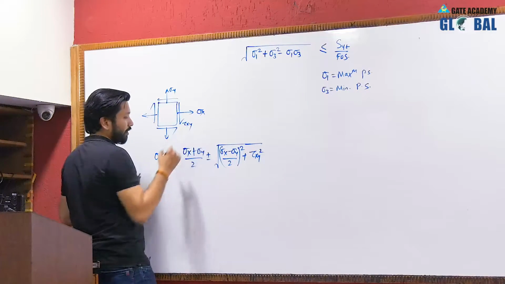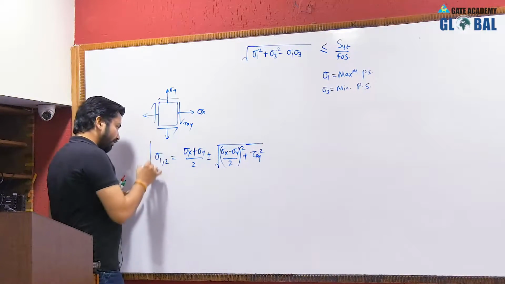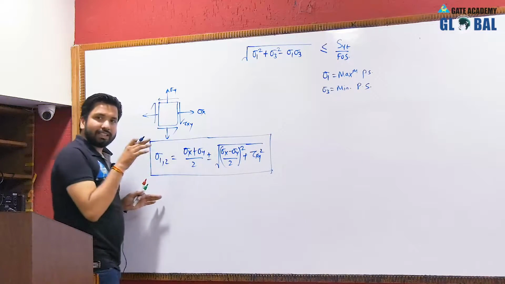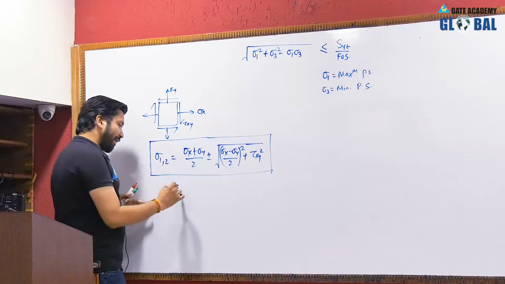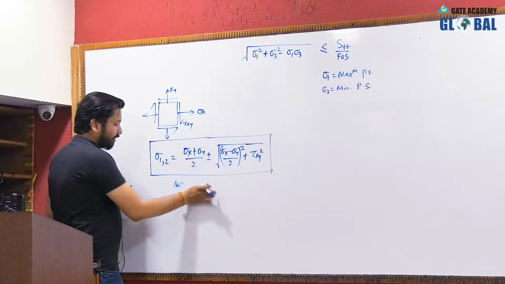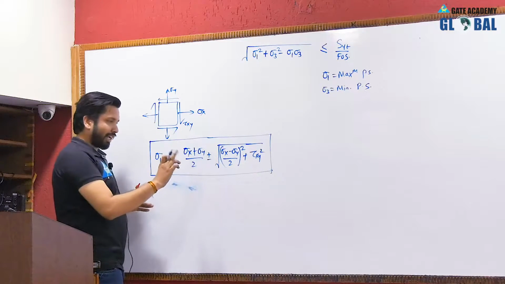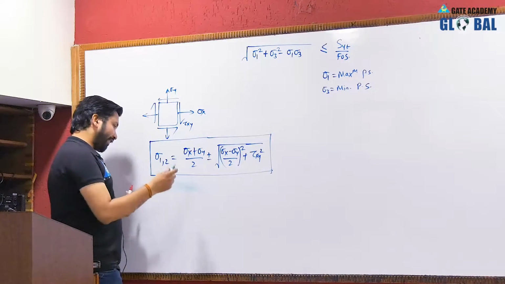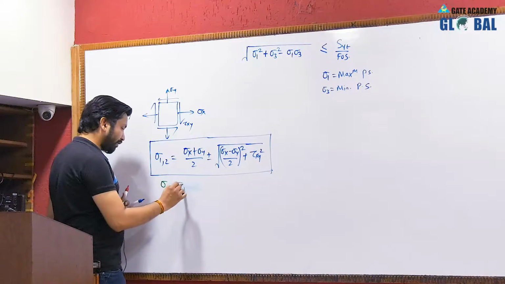Okay, this is tau xy. Now, one thing should be very clear, that using this formula you may get two positive values. You will consider the positive sign one time and the negative sign the second time, and then you will get sigma 1 and sigma 2.